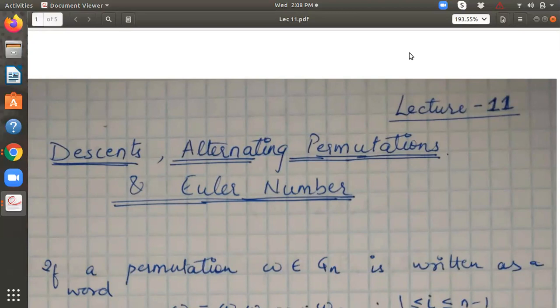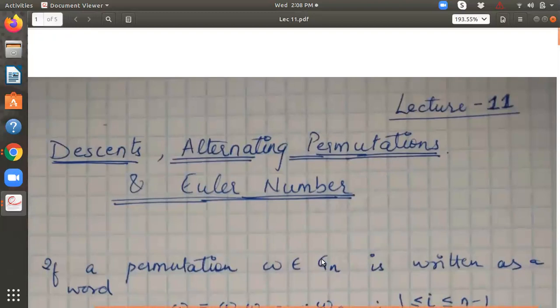So the main things which we have to see today are descents. And if at all you people have had any exposure to algebra before, then alternating permutations and Euler number. So first of all, when we take a permutation in Gn, remember, Gn was the set of permutations on n elements 1 up to n.